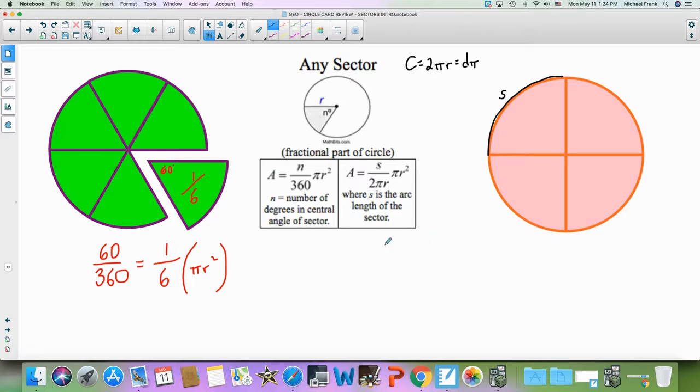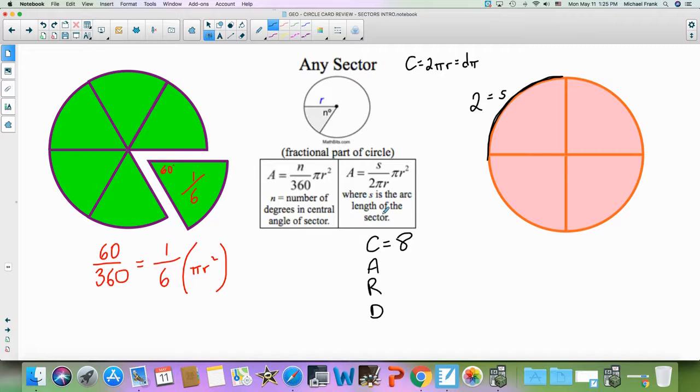Let's imagine we had the circle on the right, and we knew that the whole circumference was just 8 units. Pi has already been multiplied in, and it comes out to exactly 8. And we also know that this arc over here, s, was equal to exactly 2.